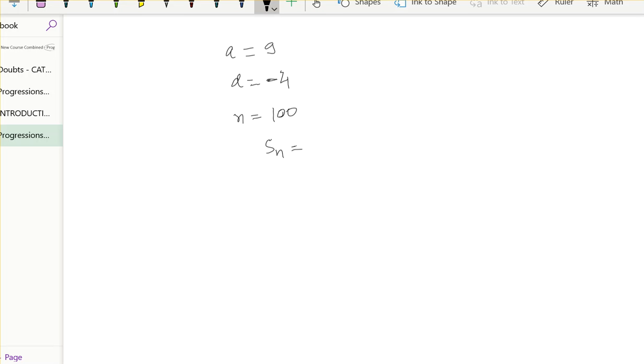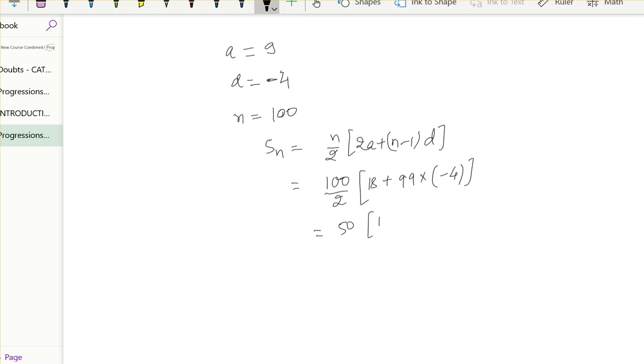Sn is equal to n by 2, 2A plus n minus 1 times D. So 100 upon 2, 9 2s are 18, plus n minus 1, that is 99, times D, that is minus 4. So 50 into 18 minus 396.